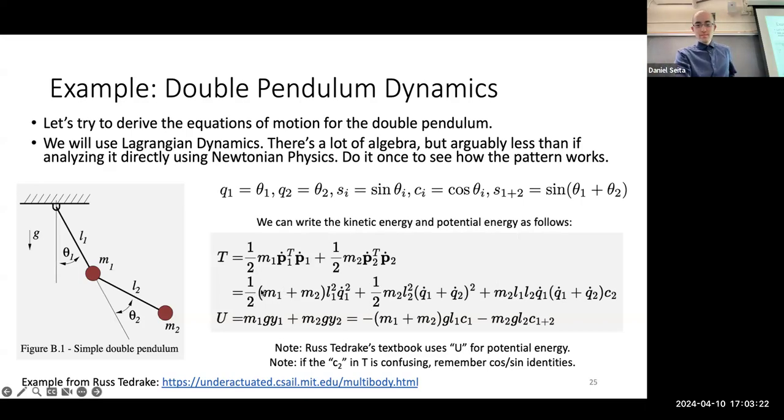If you do a bunch of algebra, you'll get this, plus or minus a few terms.